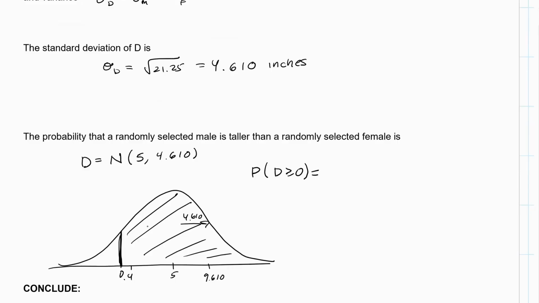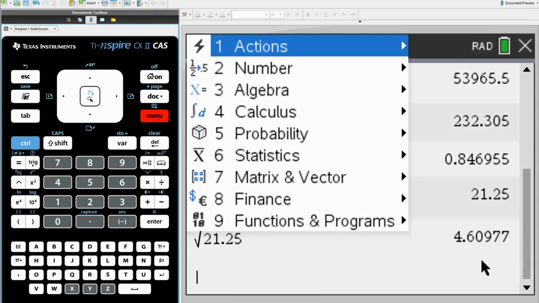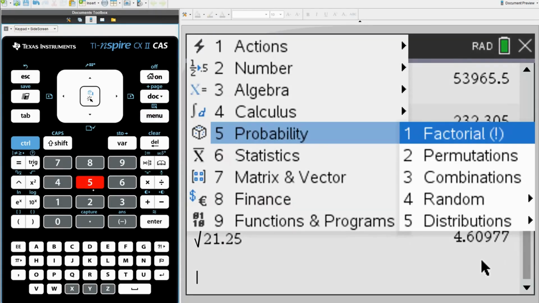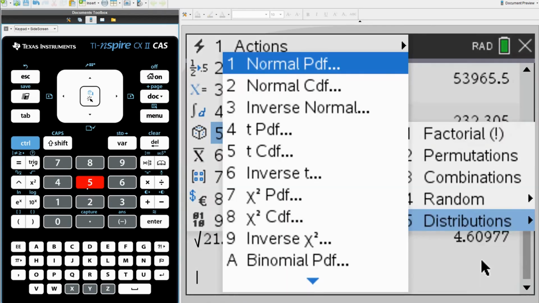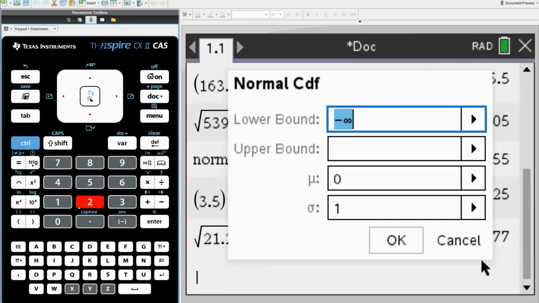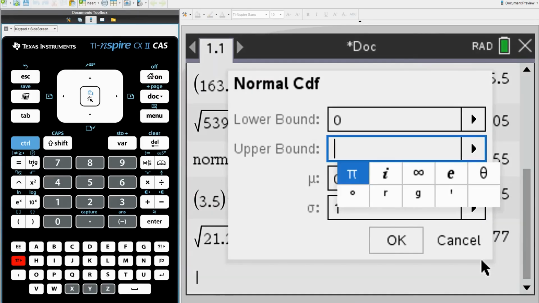So we'll go to the calculator again. Menu, probability, distributions, normal CDF. Our lower bound is 0. Our upper bound is infinity. So I'll grab the infinity.